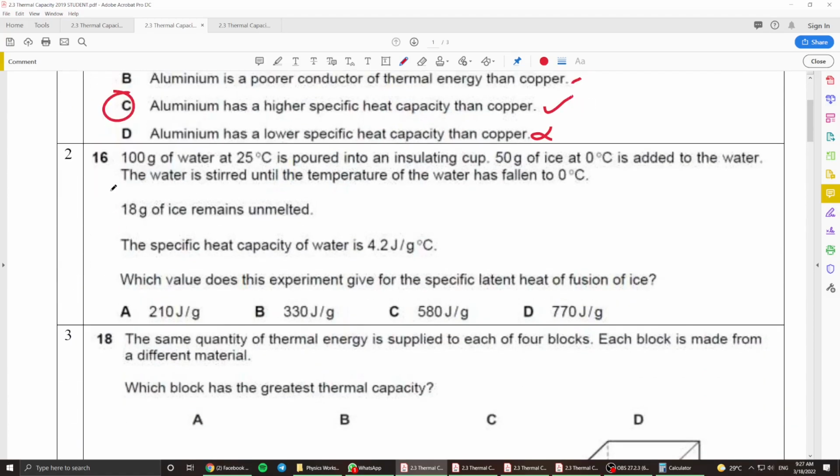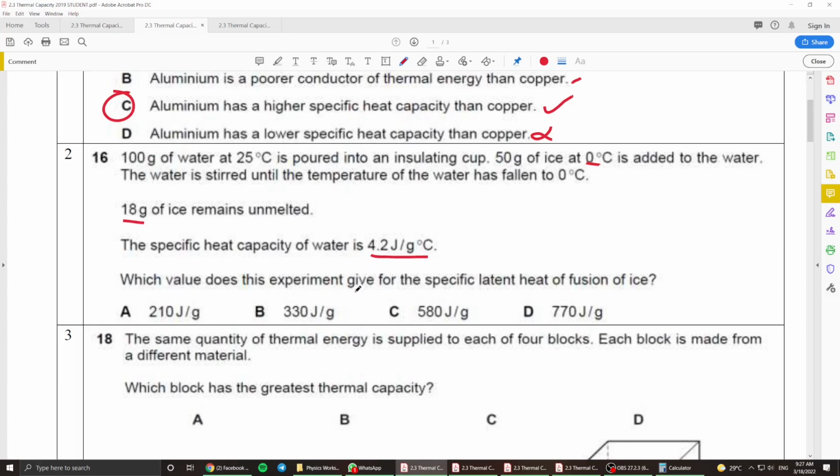Then, 100 grams of water at 25 degrees Celsius is poured into an insulating cup. 50 grams of ice at 0 degrees Celsius is added. The water is stirred until the temperature of the water has fallen to 0 degrees Celsius. 18 grams of ice remain unmelted. The specific heat capacity is this amount.